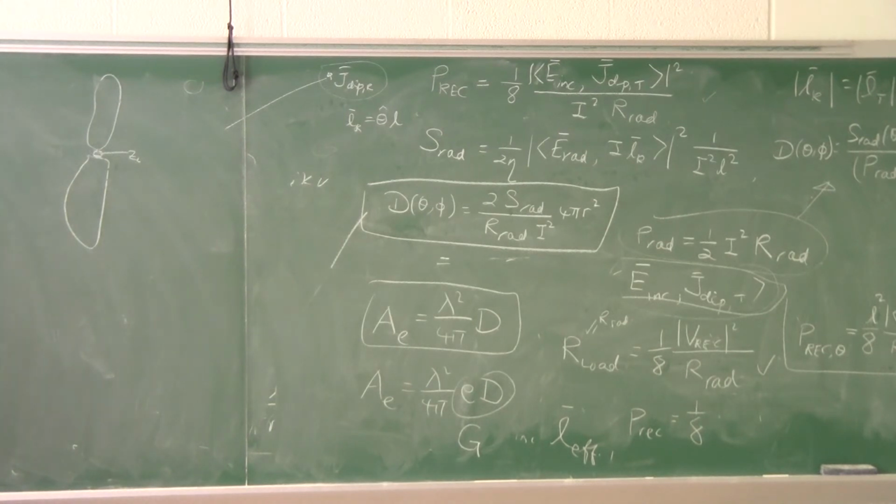The voltage is something like A incident dot L effective. This is a circuit model for the antenna in its receiving mode. Because it's receiving, it will be inducing current there, it will also radiate, so you have to add in the radiation part.